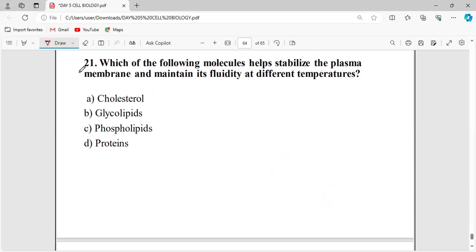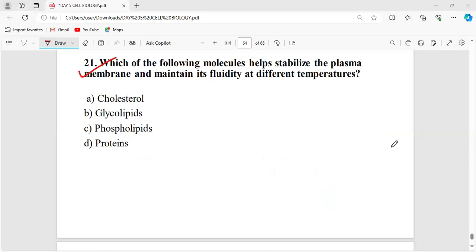Now, which of the following molecules helps stabilize the plasma membrane and maintain its fluidity at different temperatures? Very good. Cholesterol will be the correct answer.